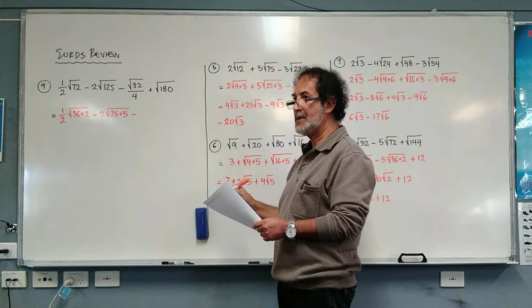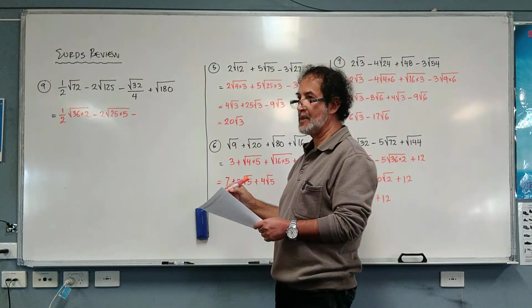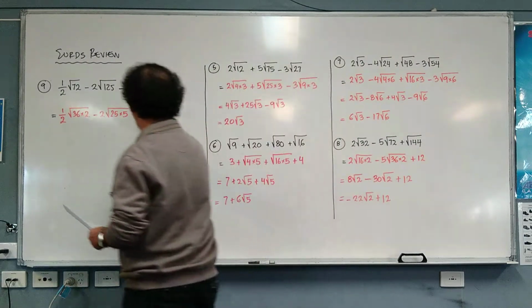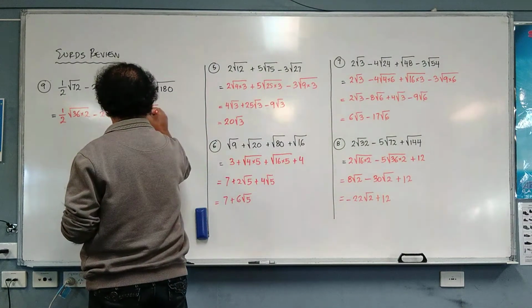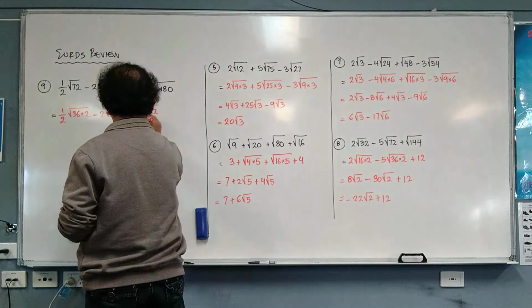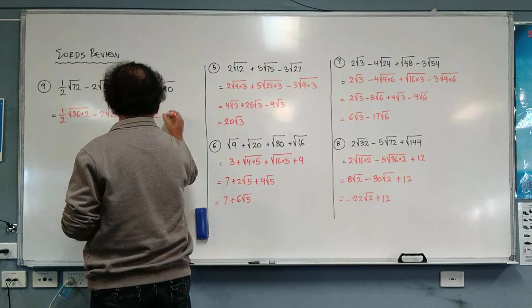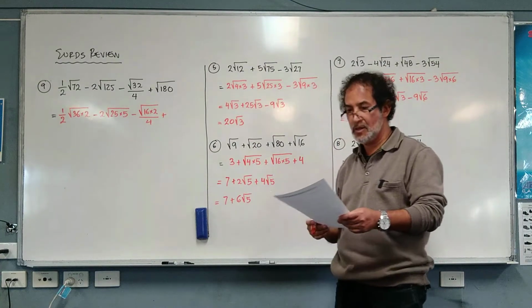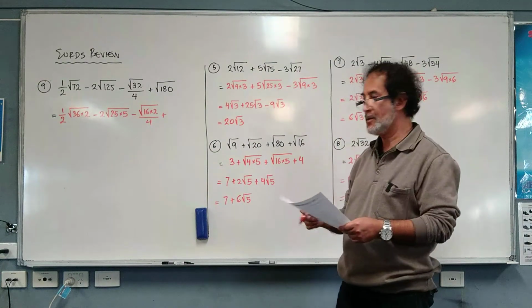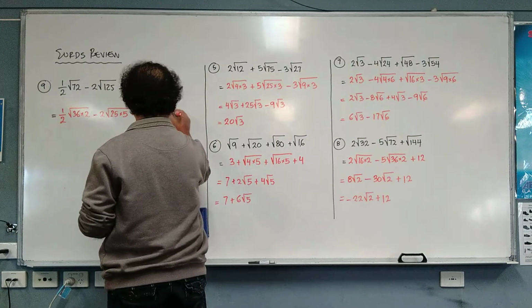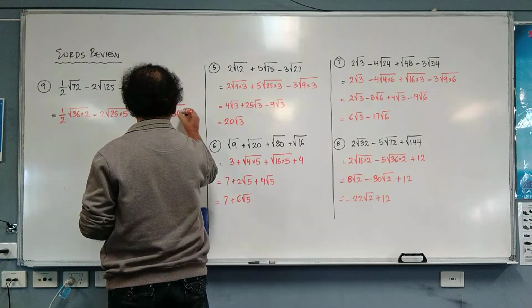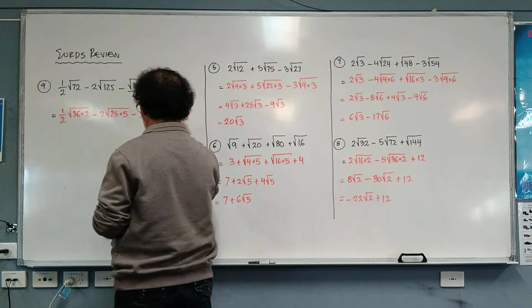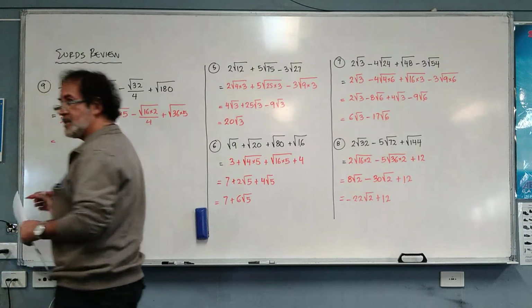Okay, the next one. Mm-hmm. And the last one, the highest square number that goes into 180. 36.5. Okay, and then?